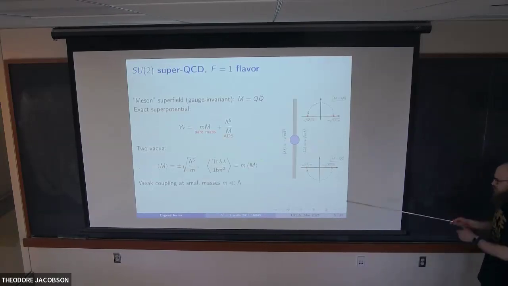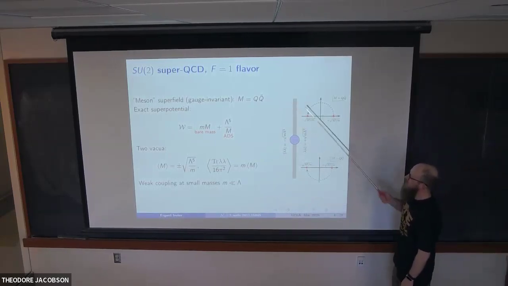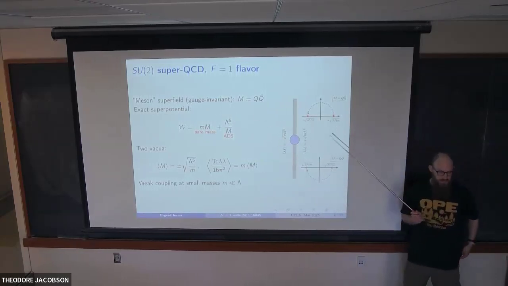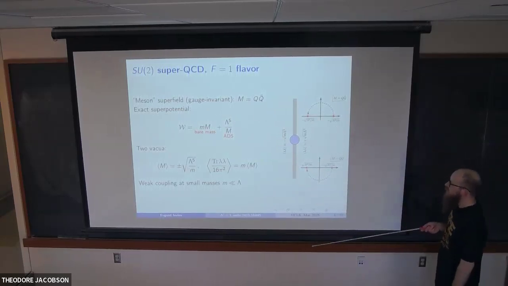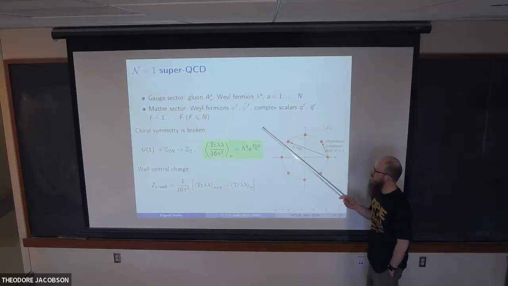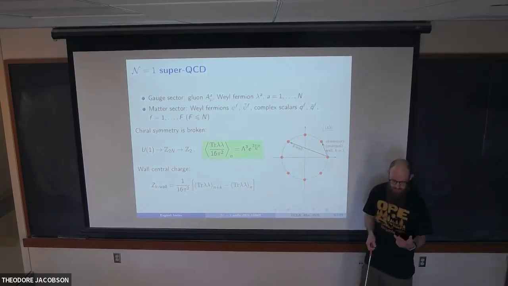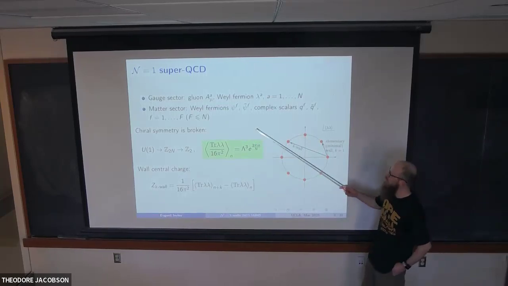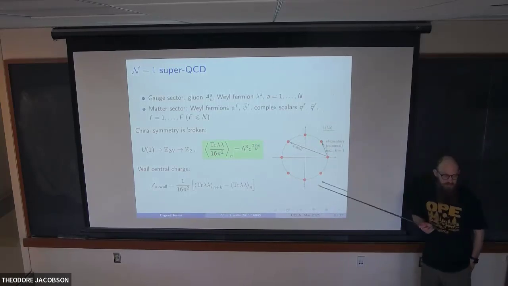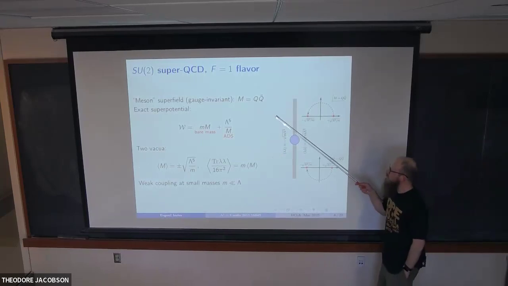And to see that, let's consider the simplest example. Let's say the gauge group is U(2), and we have one flavor of quarks. If you remember, I told you that each flavor of quarks is a Dirac fermion, so it's two light fermions, right? And then they entail two scalar quarks because of supersymmetry, Q and Q tilde.